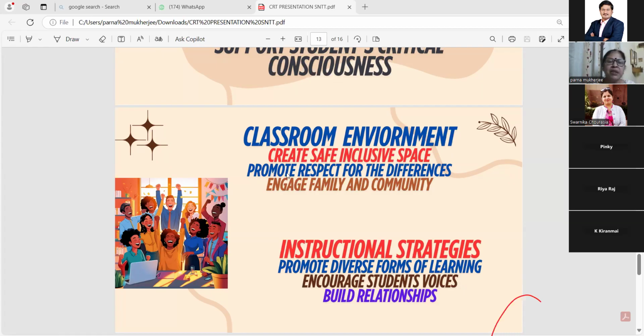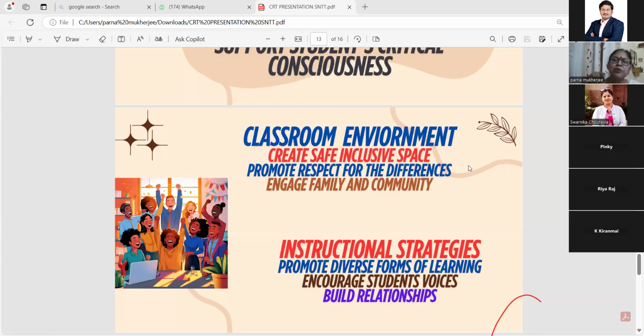And we need to promote and respect the differences. For example, on some fun day or bagless day, we can tell the children, okay, today a student from Punjab will behave as a student from Tamil Nadu, and a student from Tamil Nadu will behave as a student from Punjab. So you promote respect for the differences.